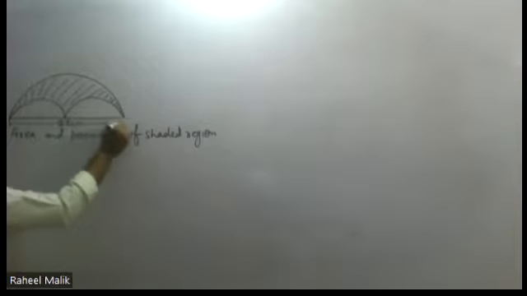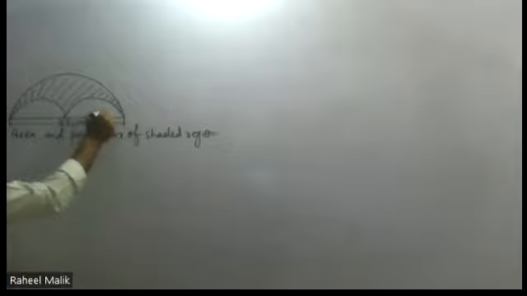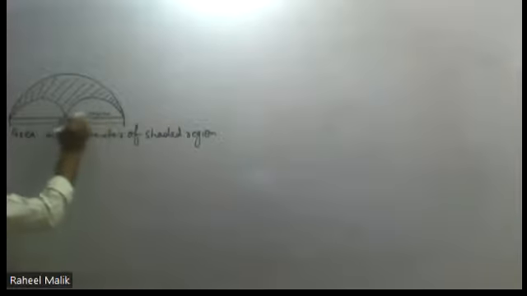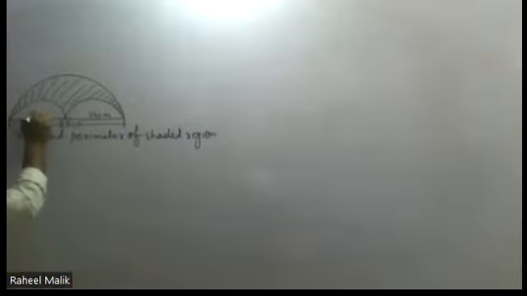Now, what they have said over here, they are saying that this whole part is 28 centimeter. This length is 14 centimeter, and this length is also 14 centimeter. This is given to us, right?